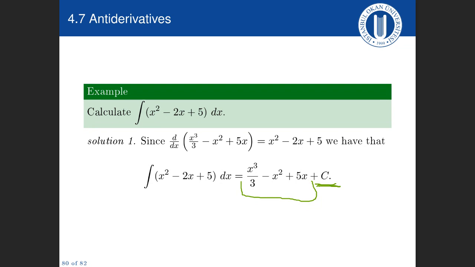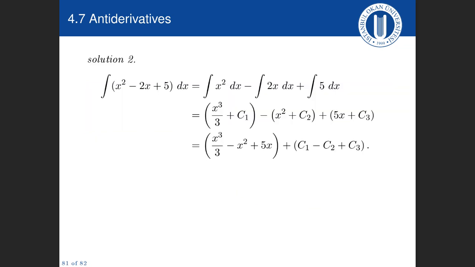Or let's solve this another way. What we can do using the sum rule is split this up into 3 easier indefinite integrals: the indefinite integral of x squared minus the indefinite integral of 2x plus the indefinite integral of 5. And for each one of these, we can find the general antiderivative of each integrand.